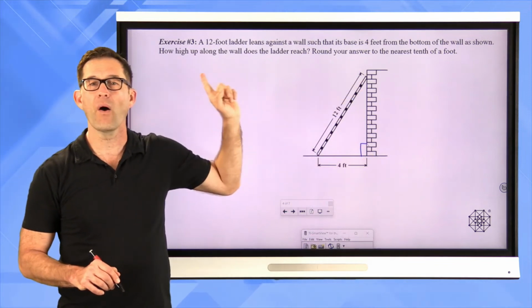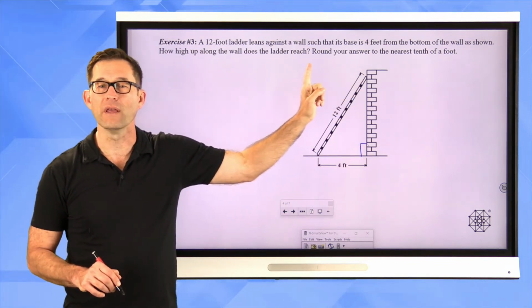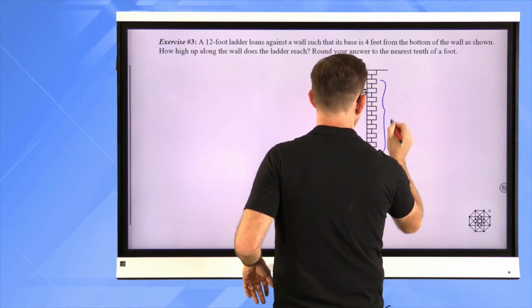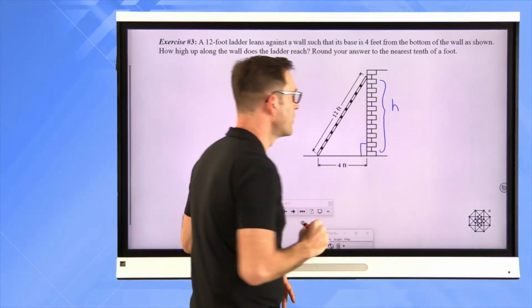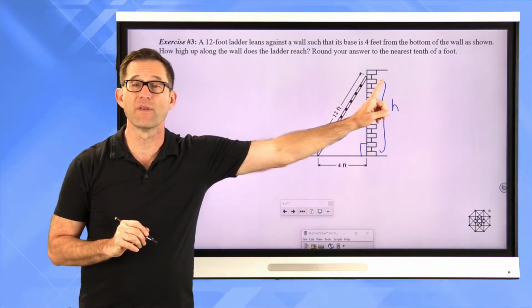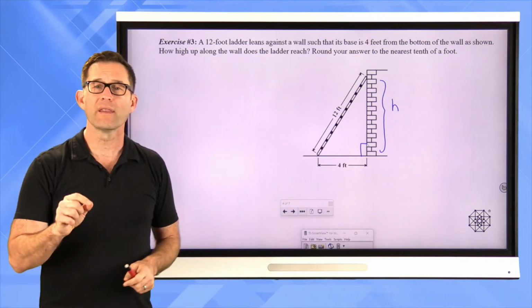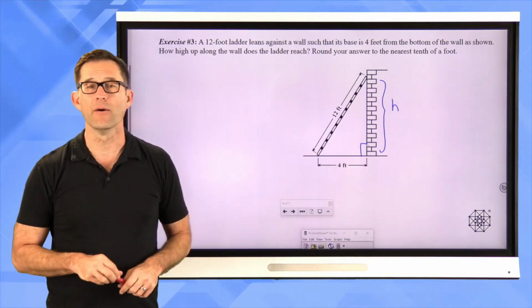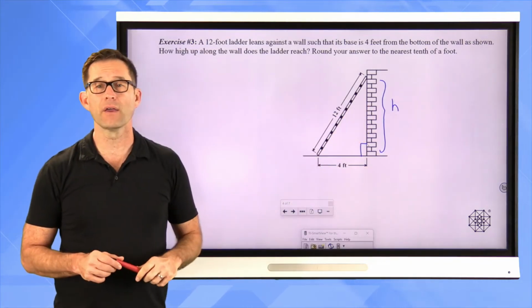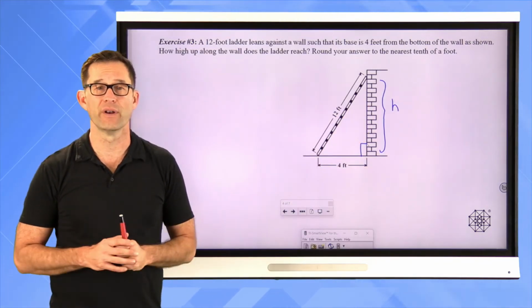Now we want to know how high up along the wall the ladder reaches. So in other words, we're looking for this particular variable, that height, and we want to round our answer to the nearest tenth of a foot. What I'd like you to do right now is pause the video and see if you can find the value of h to the nearest tenth of a foot.